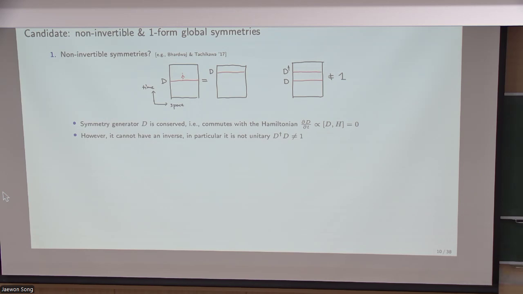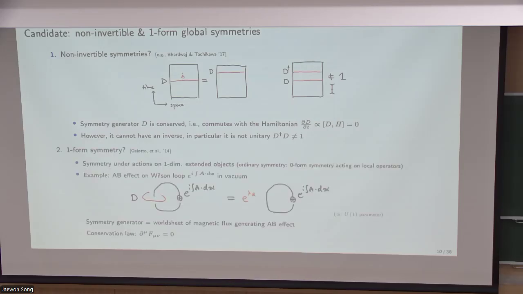That is, it commutes with the Hamiltonian, so it is invariant under the time evolution. However, it cannot have an inverse. In particular, it is not a unitary operator. So for example, the fusion of this operator and its conjugate, D and D dagger, is not equal to 1.